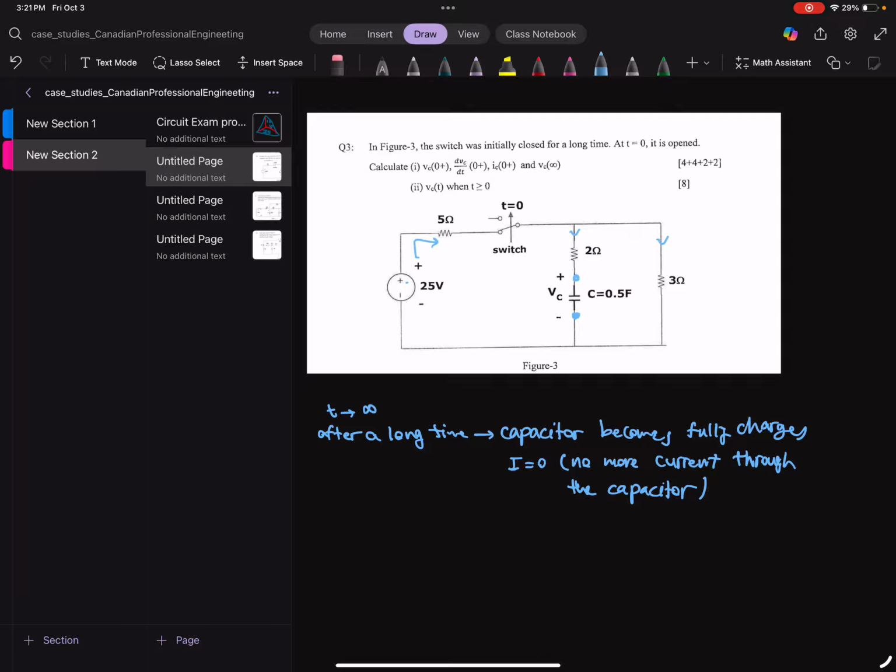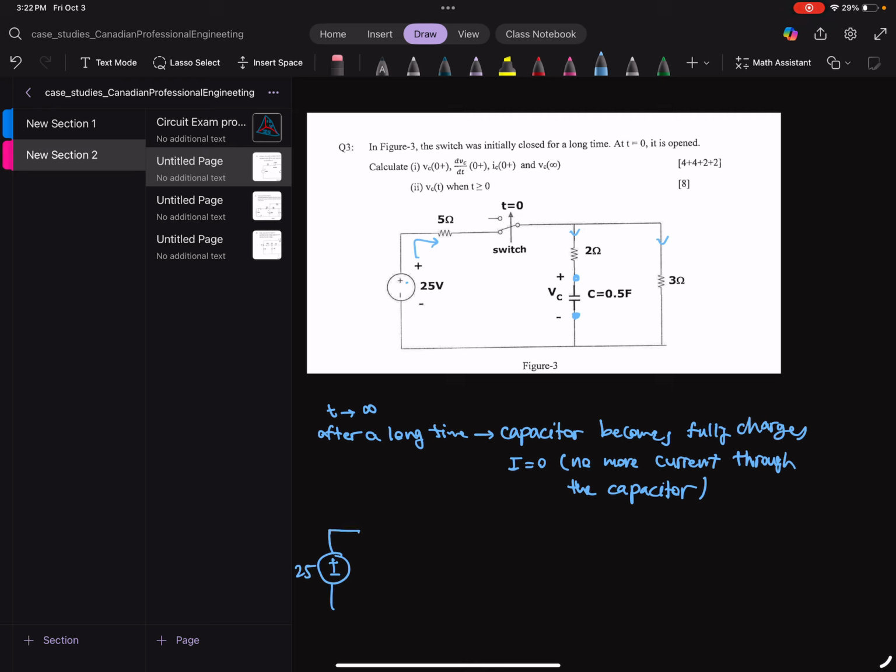So now we want to know exactly what is the voltage of this capacitor after a long time. We need to know when the capacitor was fully charged, what was the voltage across it. We have 25 volts here.